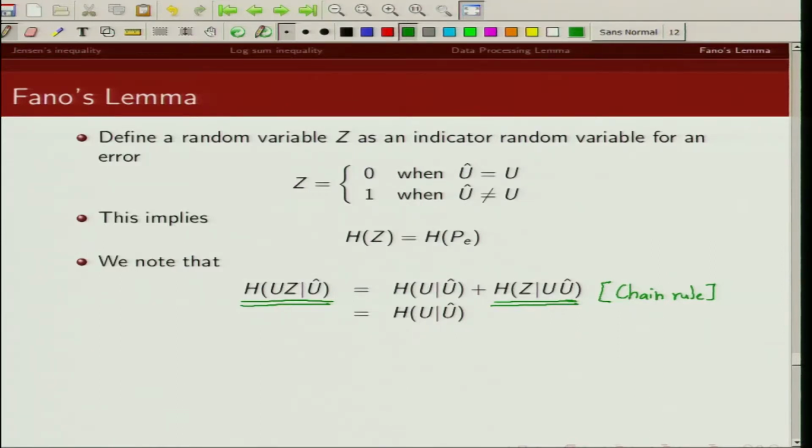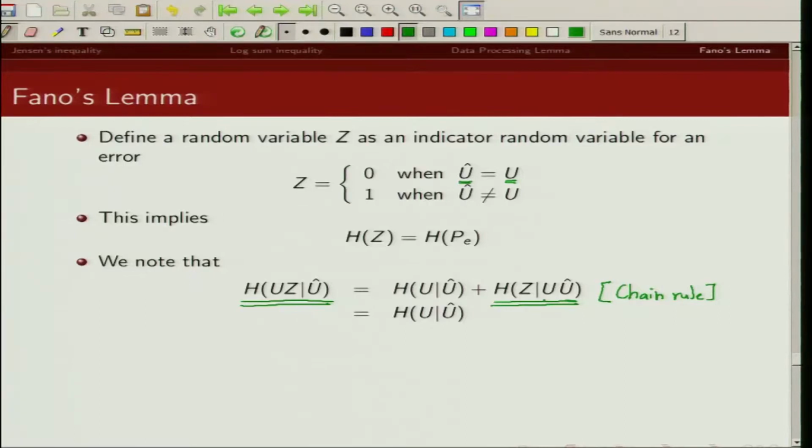Z is an indicator random variable which indicates whether there is an error, and it depends on the values of u and u hat. If you tell me what u and u hat are, I can easily find out what z is, because if u is the same as u hat, z is 0, and if u is not the same as u hat, then z is 1. So there is no uncertainty in z given u hat, so this term is 0.